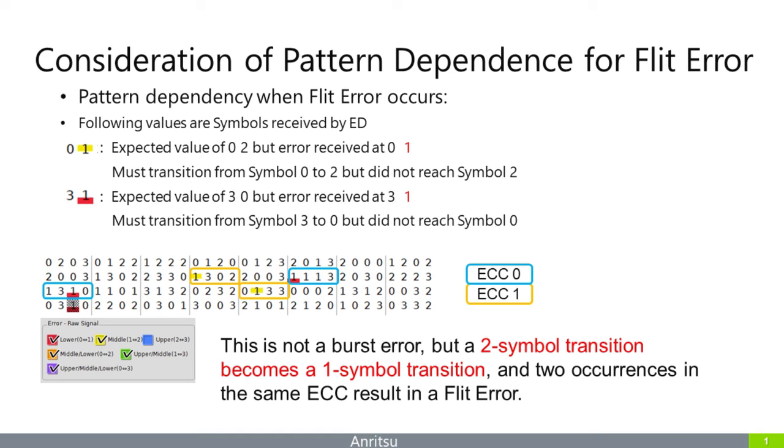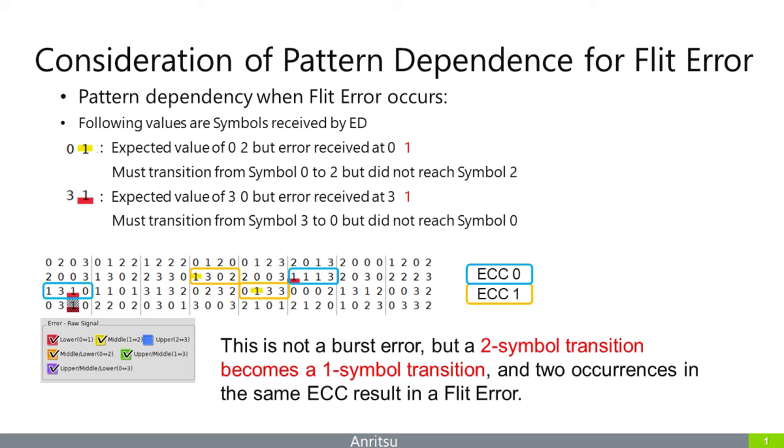Then the error detector has a capture function, and it just captures when a burst error or uncorrectable flit error happens. So it can be triggered when the error detector detects any uncorrectable flit errors. And in this case, you found 2 errors happened. Blue is ECC 0 and yellow is ECC 1. So 2 same-color errors happened.